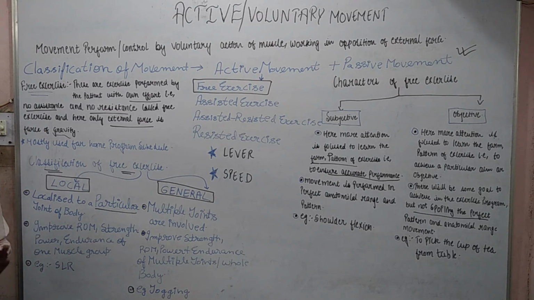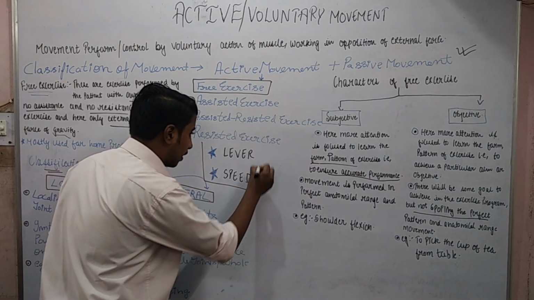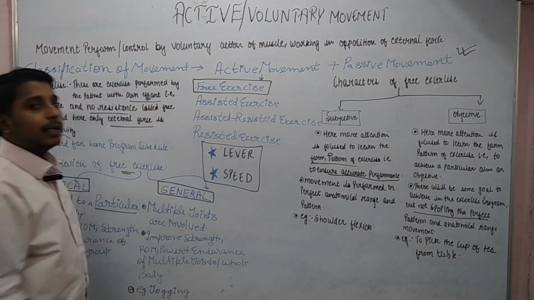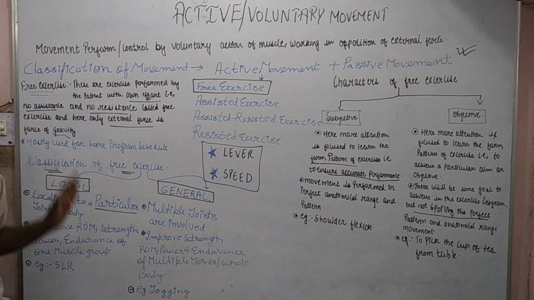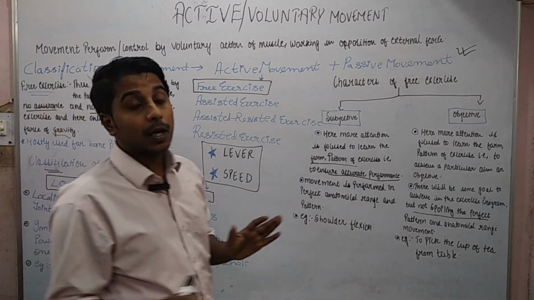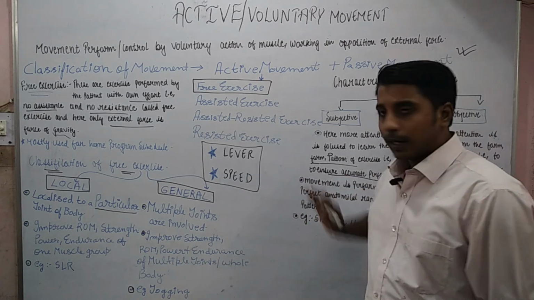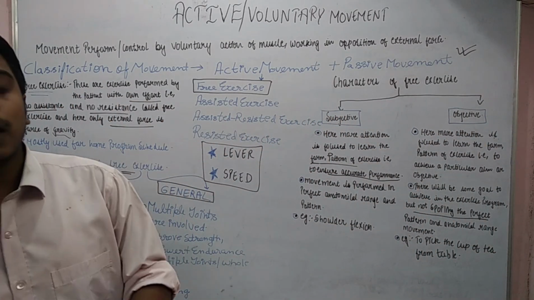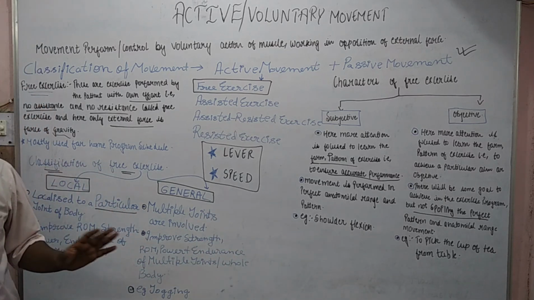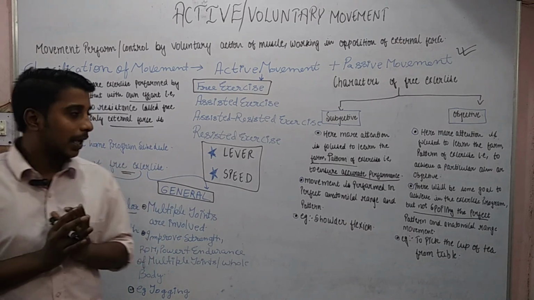After all this, you need to focus and remember these two words: lever and speed. These are very important to prescribe the exercise efficiently to the patient. Lever, I have already delivered a lecture on the lever system in which I have given a lot of examples of human body levers, and you can also watch that.